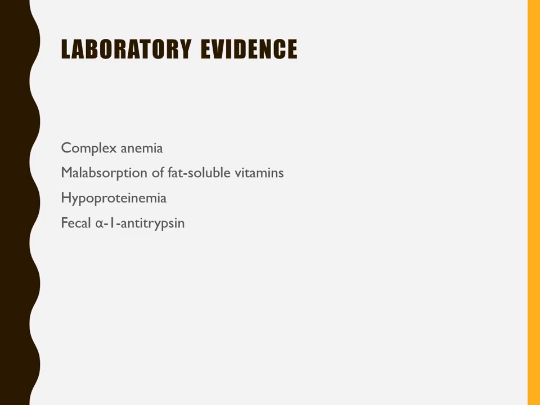Fecal alpha-1 antitrypsin is elevated. Just a couple of words about fecal alpha-1 antitrypsin. Alpha-1 antitrypsin is a protein that is not found in the diet and it will not be digested.